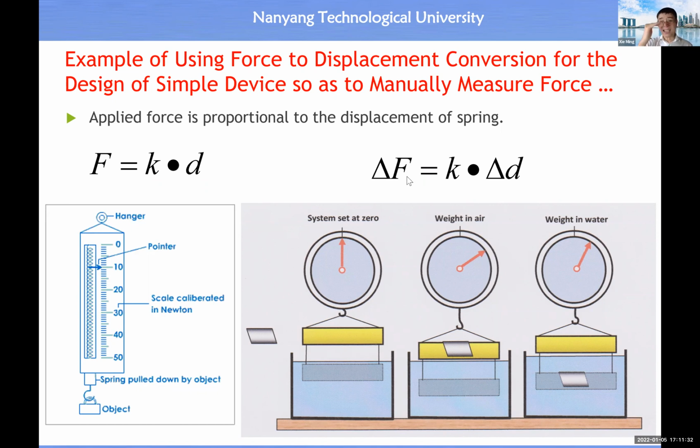The variation in the elastic force is proportional to the variation in the displacement, and this is a typical scenario. So once we put the object to be measured into a liquid, then you will see there's a buoyant force, all right? And the deeper it goes, the higher the buoyant force will be, all right?